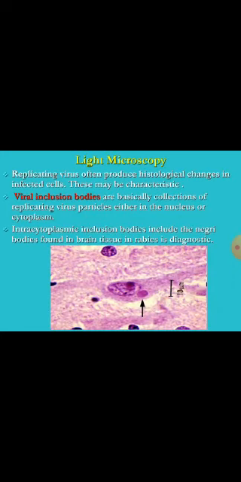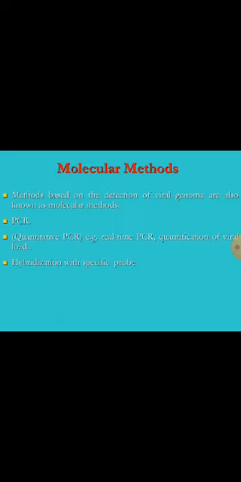Light microscope is used to detect the viral inclusion bodies, which are basically collections of replicating virus particles either inside the nucleus or inside the cytoplasm. Sometimes it is diagnostic, as in case of rabies. Intracytoplasmic inclusion bodies called Negri bodies found in the brain tissue are diagnostic. And molecular methods, as we said, PCR or real-time PCR.